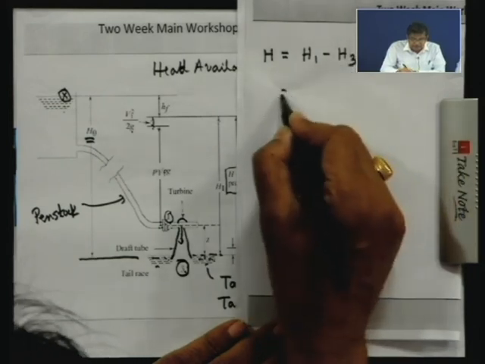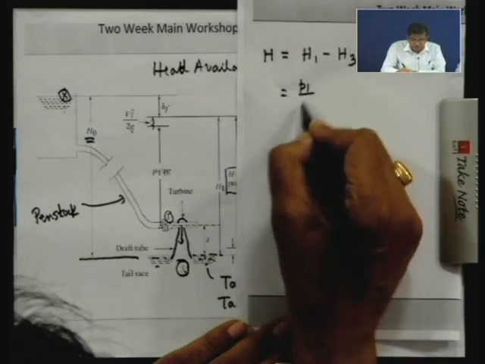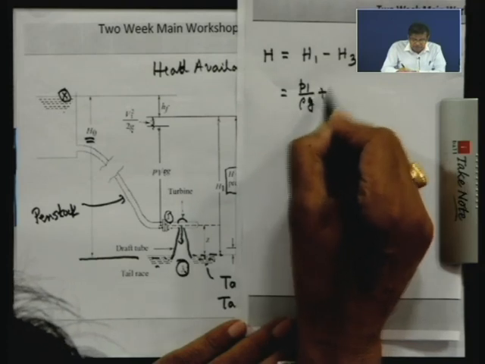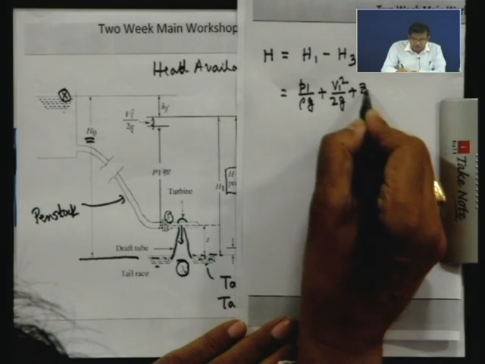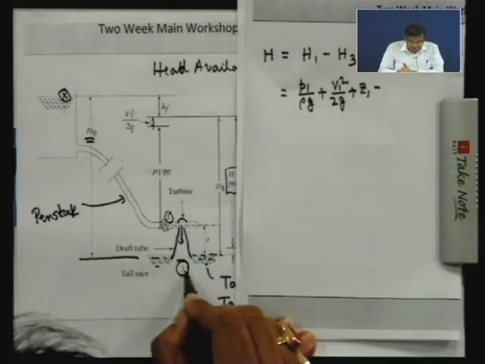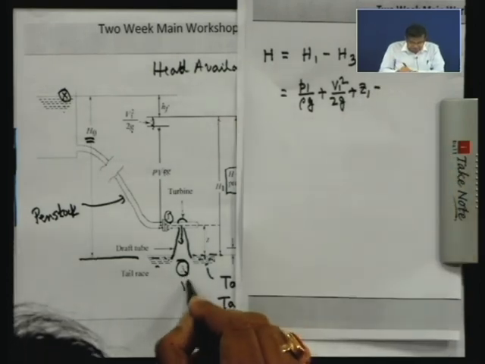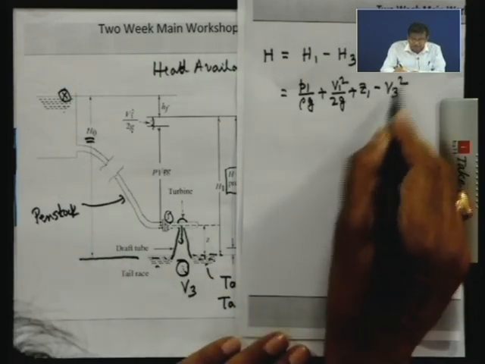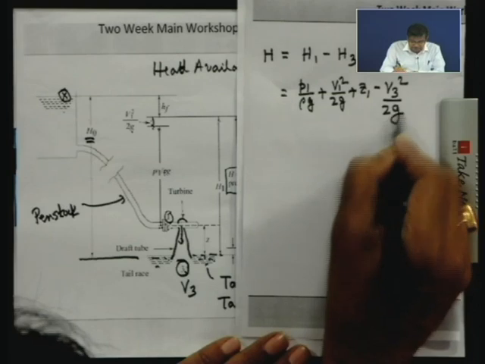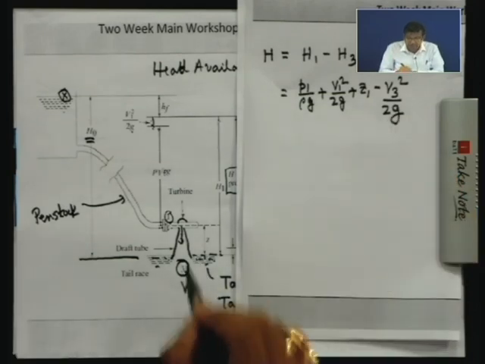Now, what is H1? It is P1 by rho g plus V1 square by 2g plus Z1, minus V3 square by 2g, because here the potential head is 0 and the pressure is atmospheric.